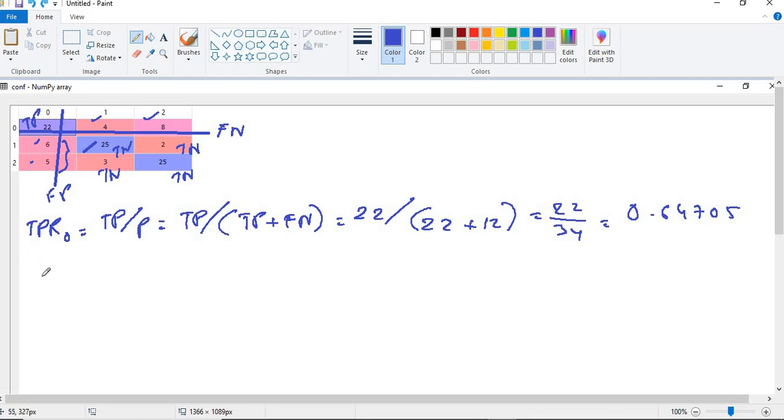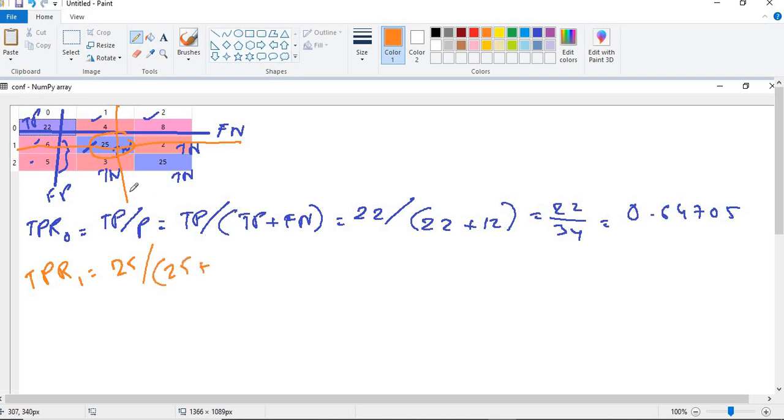Now I want to calculate the true positive rate for class 1. In that case, you draw a vertical line here, and this cell will become my true positive. So the true positive rate for class 1 is true positive, which is 25, divided by true positive plus false negative.